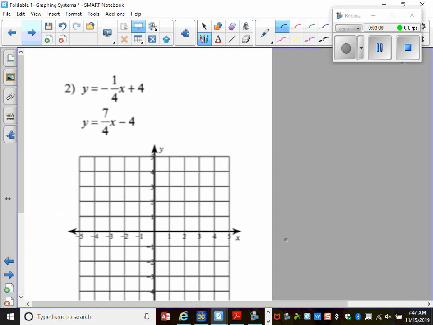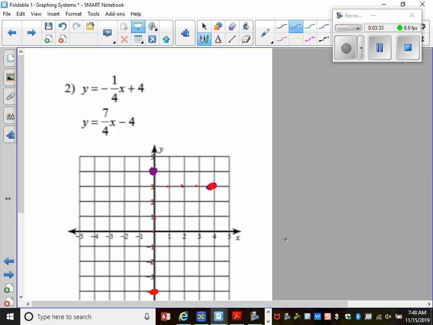All right, let's look at number 2. Same thing. We're just going to graph them. So this will be at +4. This time I'm going to go down 1 and then over to the right 4. And then I'm going to go ahead and graph the other one before I connect them. I'll start at -4. And then 1, 2, 3, 4, 5, 6, 7. And then over 4.